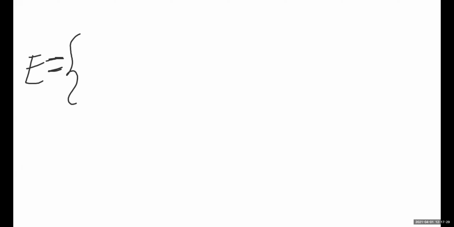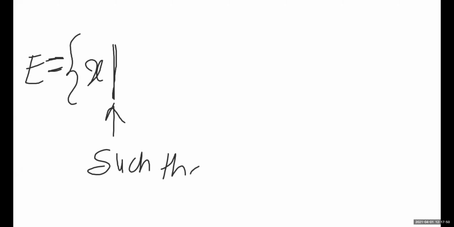E is a set of X. So every even number that we are going to show is, suppose, first X. This line is called such that. E is set of X such that.